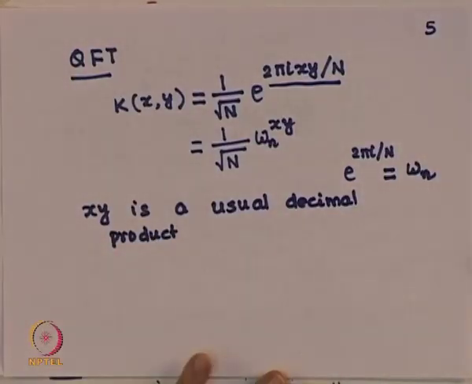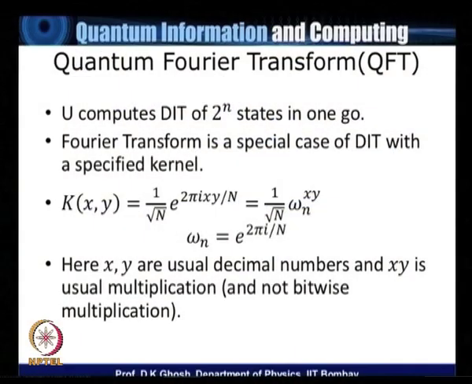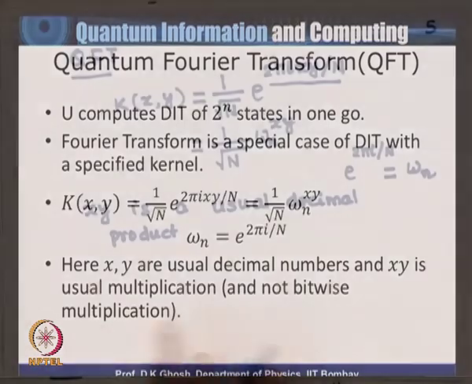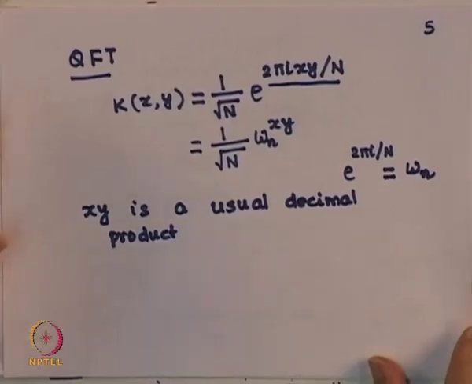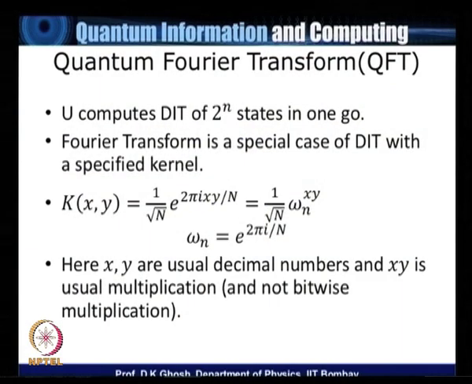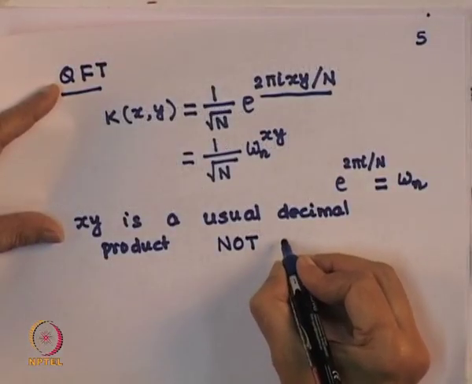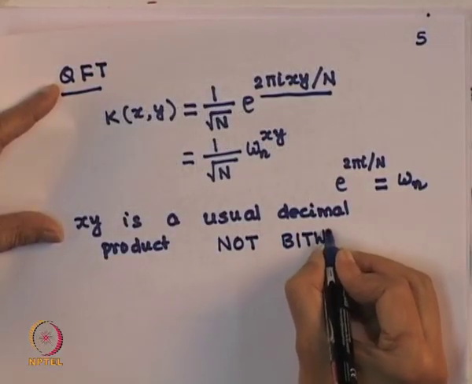What do I mean by that? Because frequently we have been talking about bitwise product. Now in this case, we take x and y which have a decimal representation. For example, if you take 101, I know that 101 stands for the decimal number 5. So here x and y are usual decimal numbers and k_{xy} is taken to represent that. So not bitwise multiplication. I will emphasize it further: not bitwise.